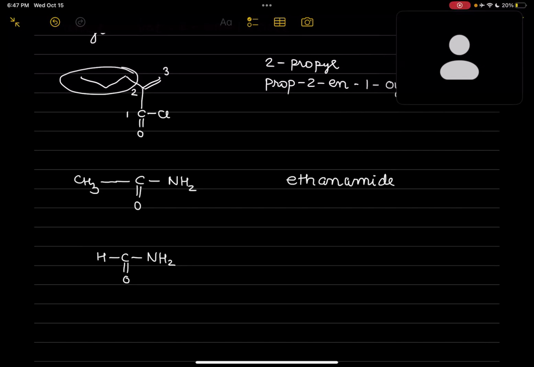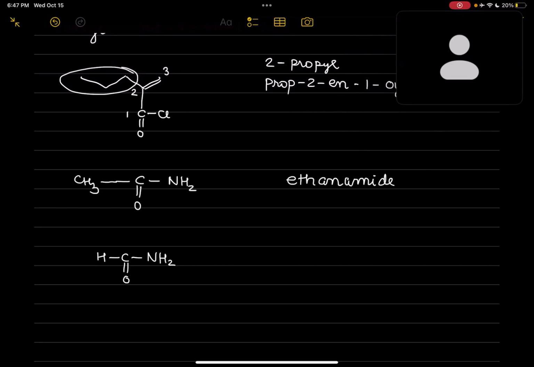If we try to write the common name, it is formamide, the amide of the smallest acid, formic acid. Got it?